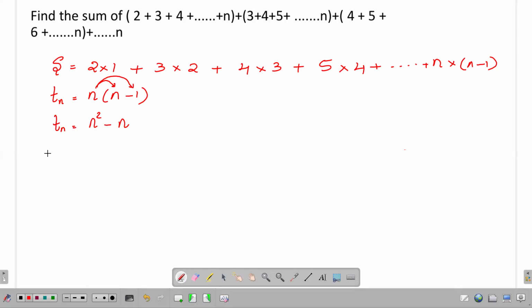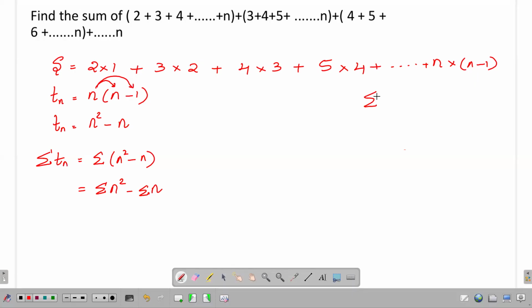Got it? So we can see summation Tn will be summation of n square minus n. Okay, now I am going to take that summation on the right hand side here, I'm going to take the summation inside the bracket. So you know what will happen? This is nothing but summation n square minus summation n. What is summation n square? Summation n square is the sum of squares of first n natural numbers, and summation n is the sum of first n natural numbers.